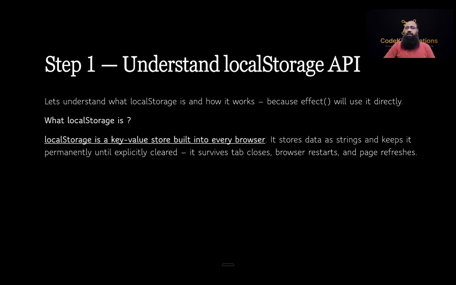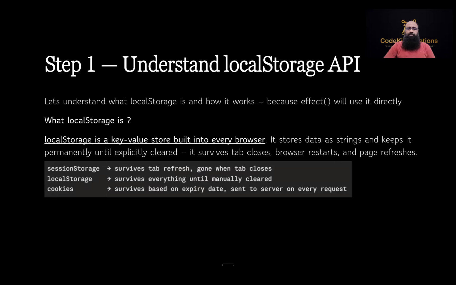We'll see it in the upcoming slides. Because it's persisted in the browser, even if you close the browser and come back later, it's already there within the local storage, and from there you can pull the data.